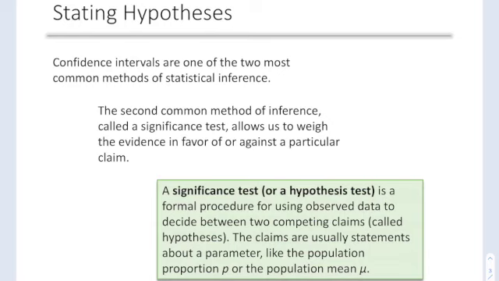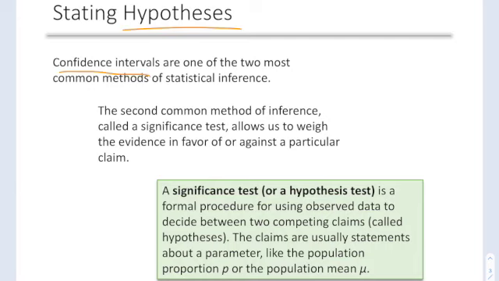So a significance test starts with a hypothesis. Significance tests are also called hypothesis tests. So this chapter is really like a complement to what confidence intervals are. The two most common methods for statistical inference are confidence intervals and then our hypothesis test.